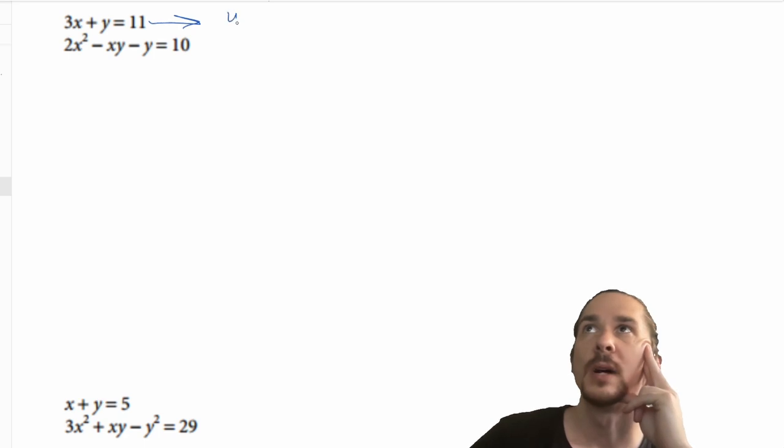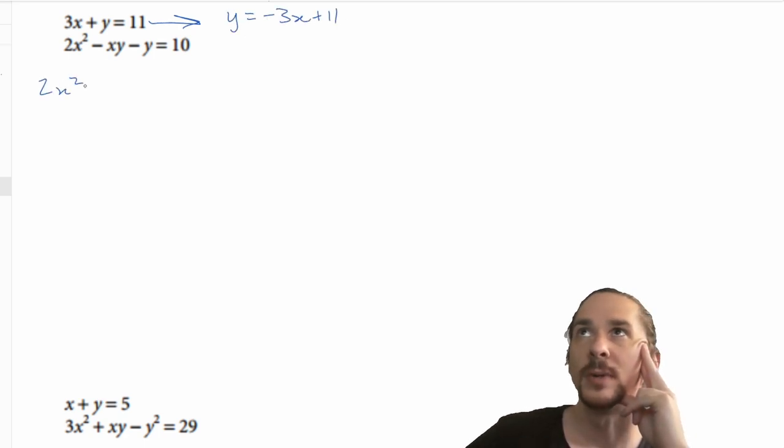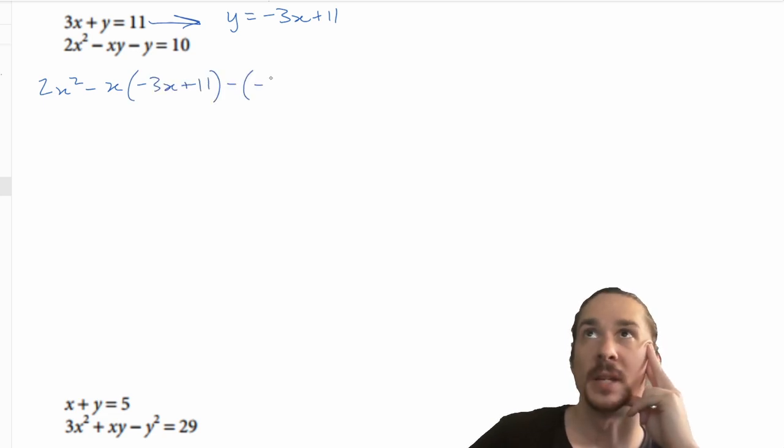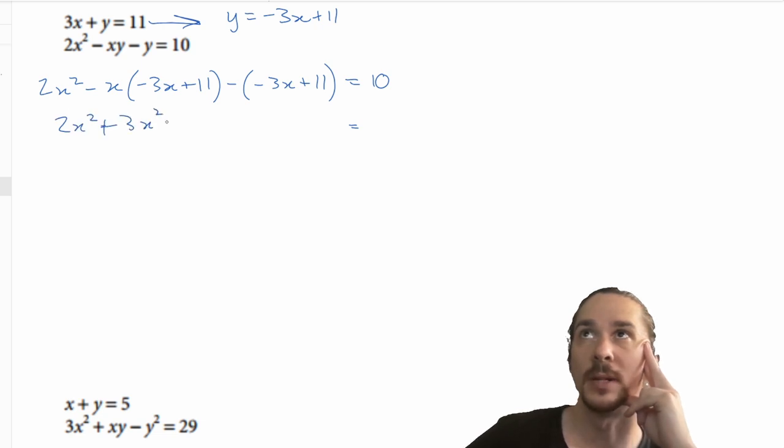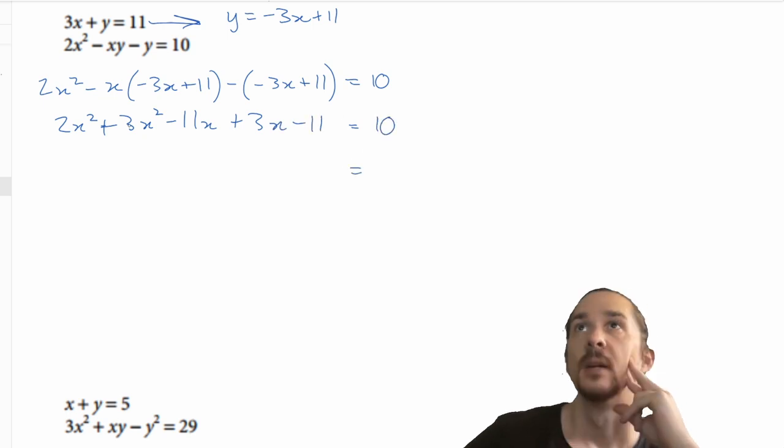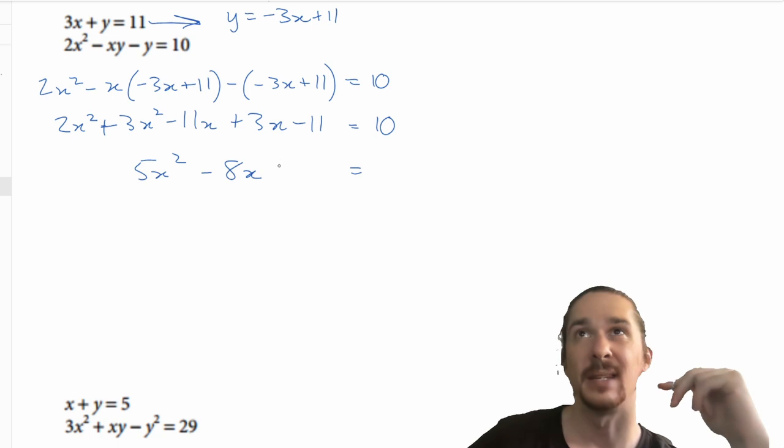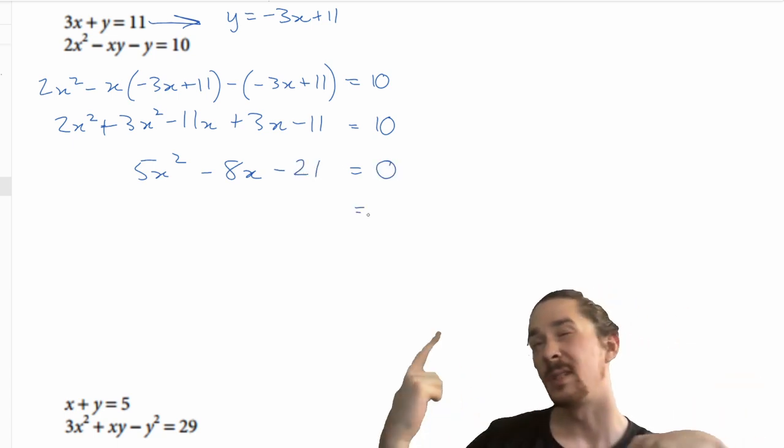This one tells us y is equal to negative 3x plus 11. Therefore, 2x squared minus x times (negative 3x plus 11) minus (negative 3x plus 11) equals 10. 2x squared plus 3x squared minus 11x plus 3x minus 11 equals 10. So we have 5 amounts of x squared, negative 8 amounts of x, and negative 21. 5 times 21 is 105.